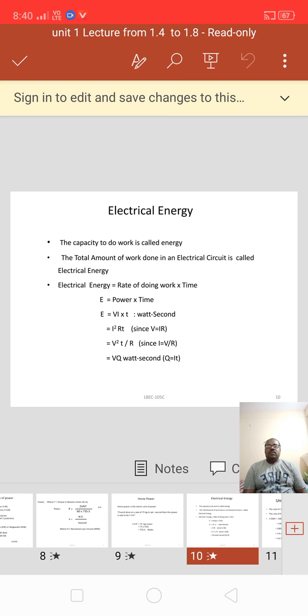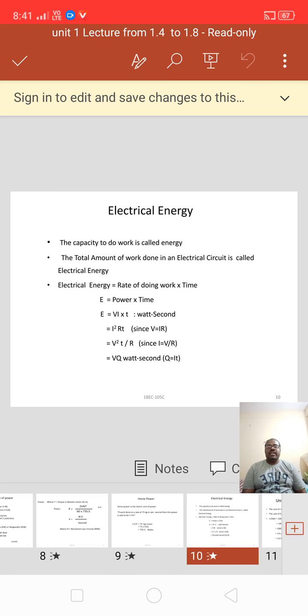This electrical energy is denoted by the capital letter E, and rate of doing work is denoted by power, and time is nothing but time. That is E equals power into time. Another definition of electric energy is the product of power and time, or rate of doing work per unit time.